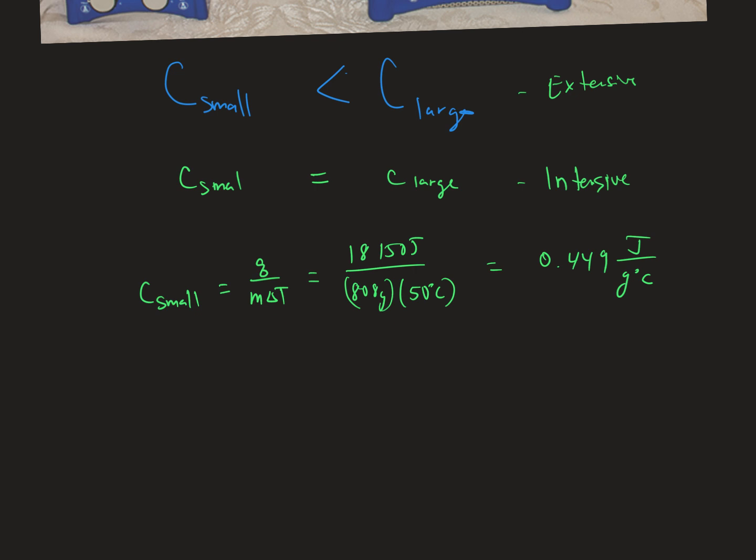We good? Now if we take that big pan and also change it by 50 degrees Celsius, so the large pan, still going to be Q over m delta T, would we have more heat or less heat or the same heat?